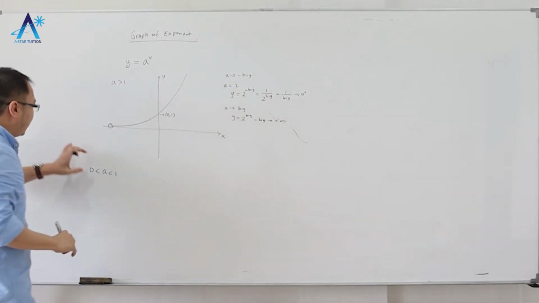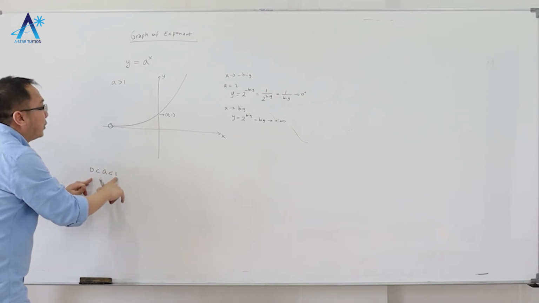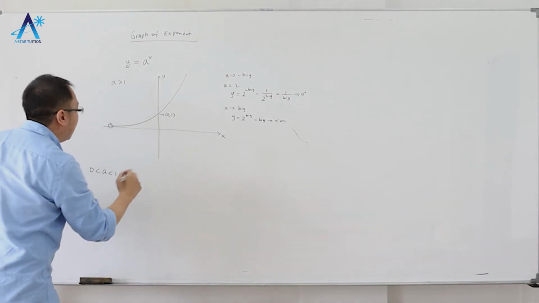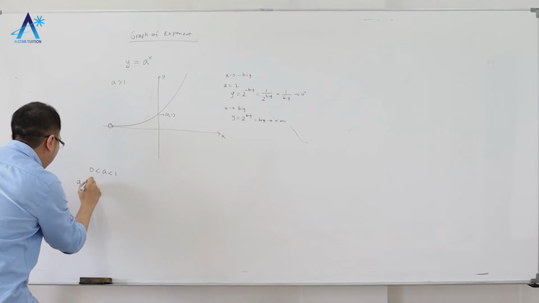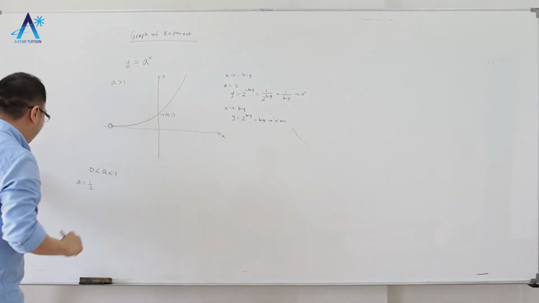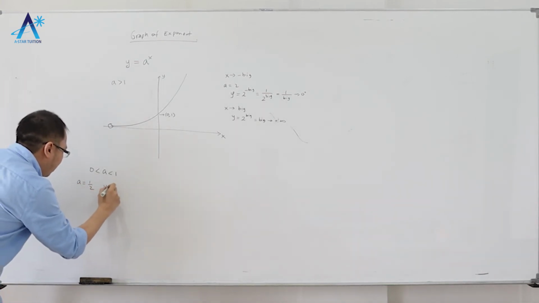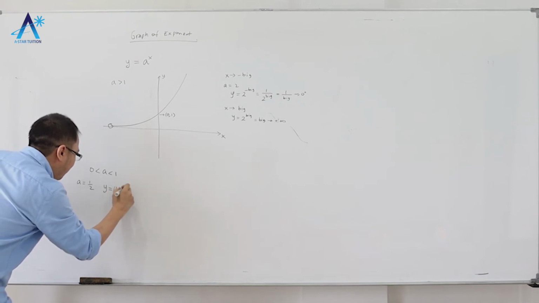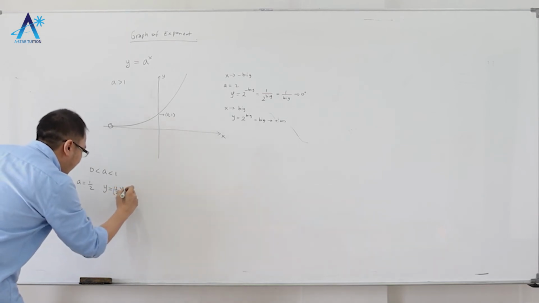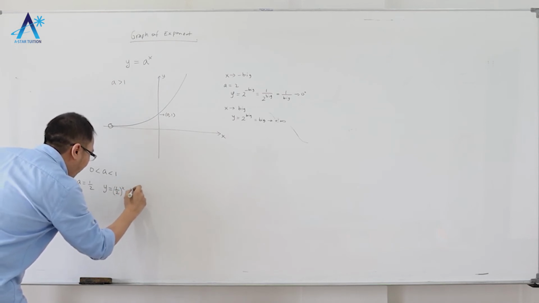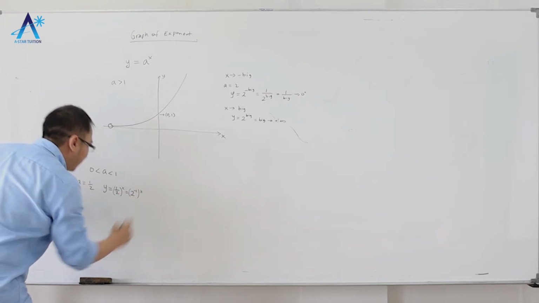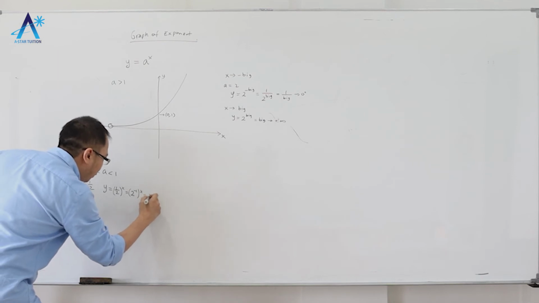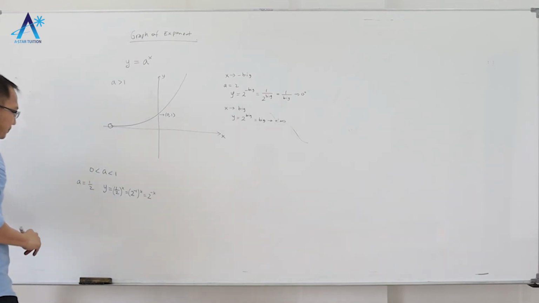Okay, for the case of a in between 0 and 1, we can go for a equal to 1/2, for instance. So the y we are dealing with is equal to (1/2) power x, which can also be written as 2 power negative 1 x, which is equal to 2 power negative x.